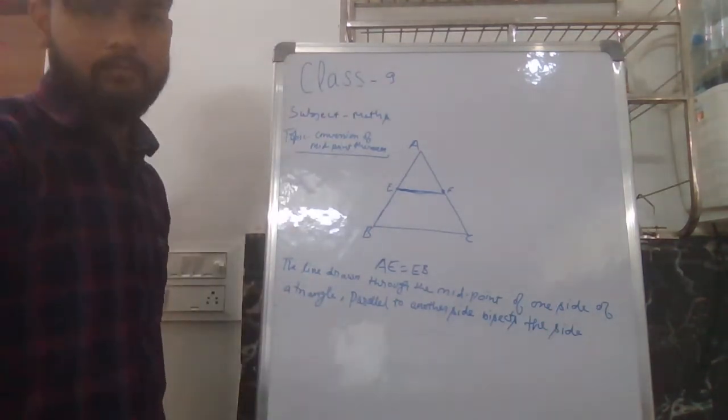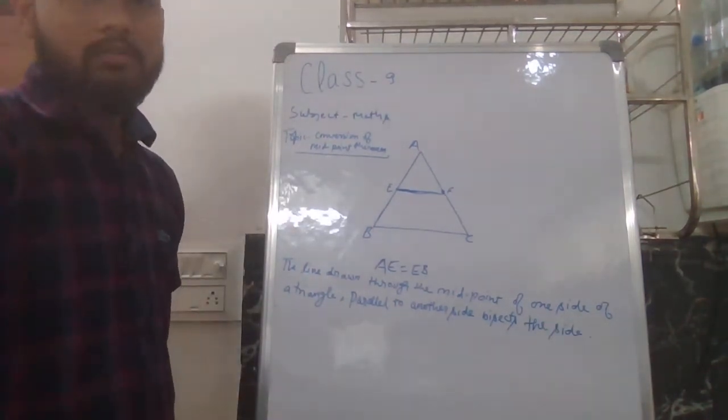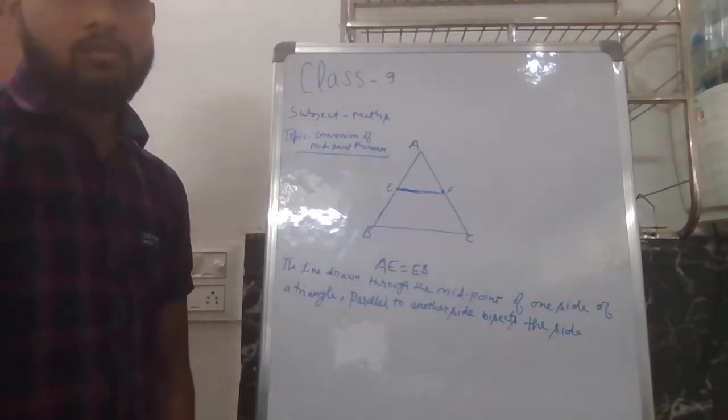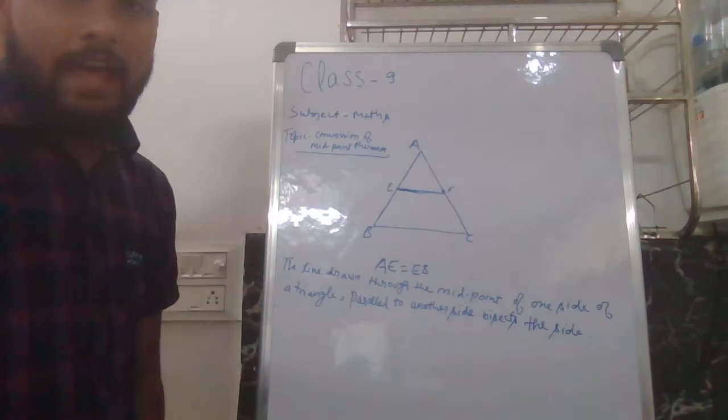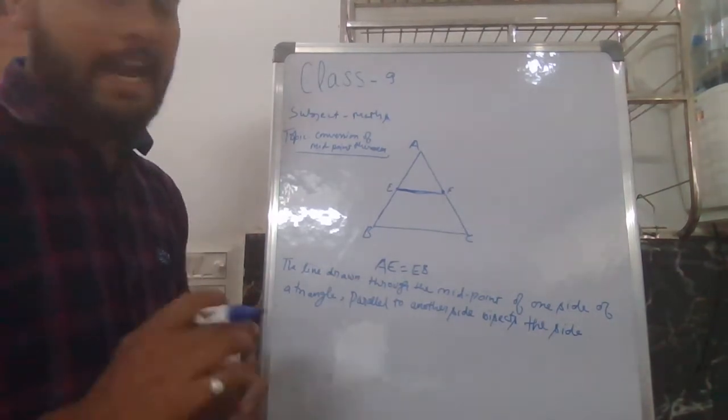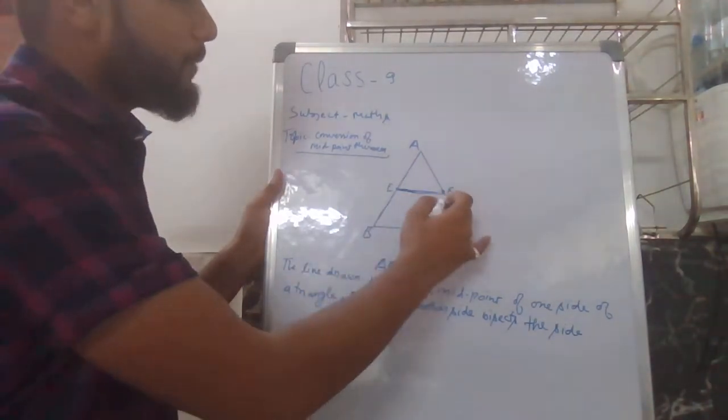Coming to the next part, we have to see that F is the midpoint of the side AC.